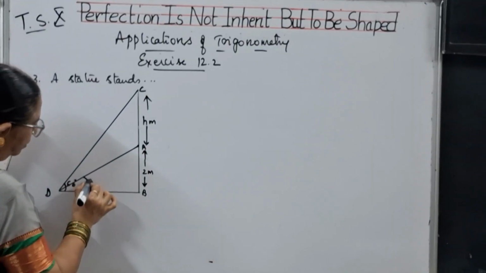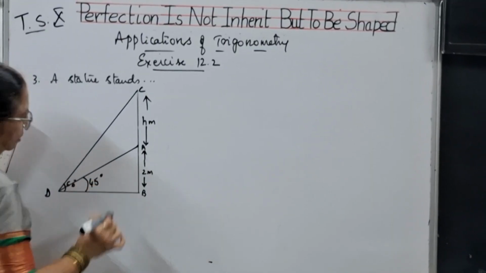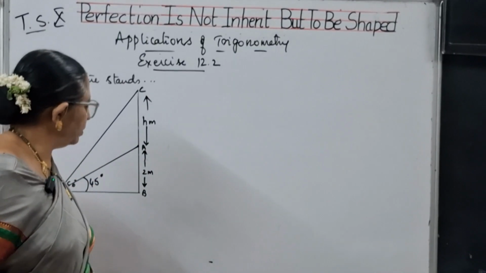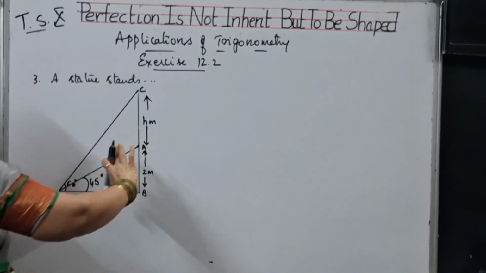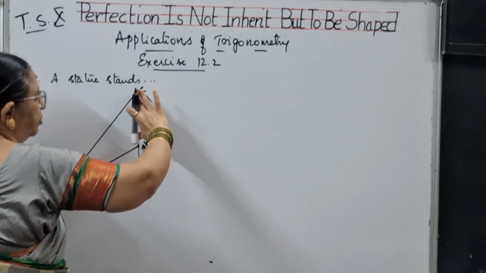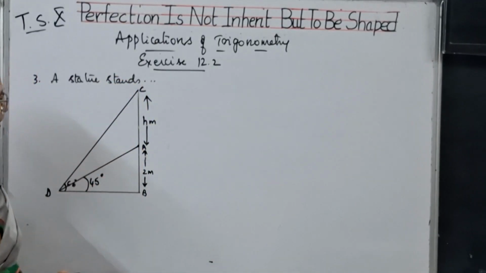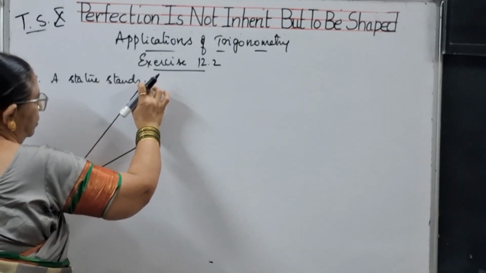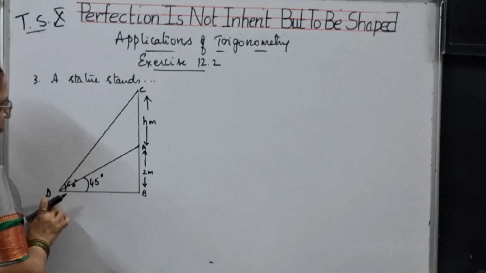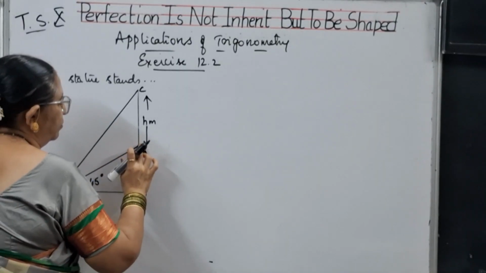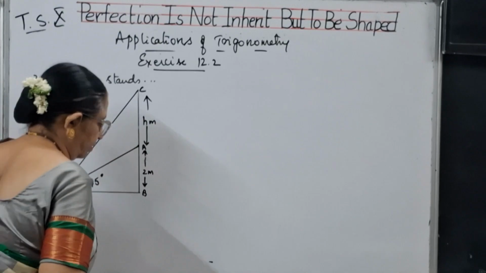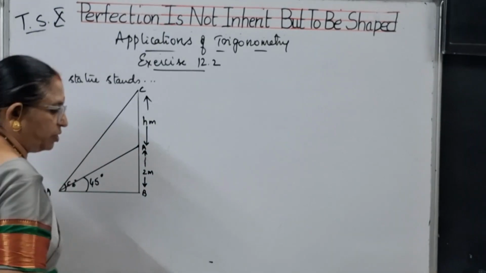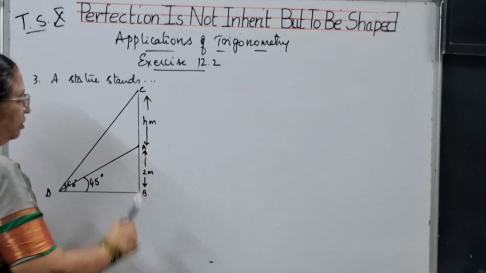This angle is 45 degrees. Means what, children? The pedestal height is here. Upon it, the statue is there. The angle of elevation to the top of the statue is 60 degrees. The angle of elevation to the top of the pedestal is 45 degrees. Now, the question is, find the height of the statue.